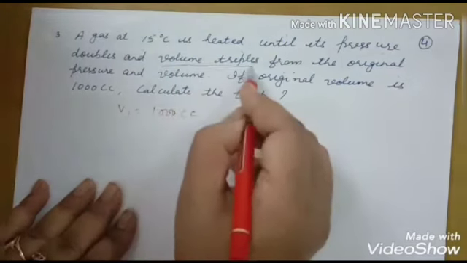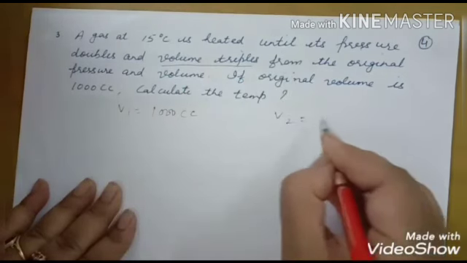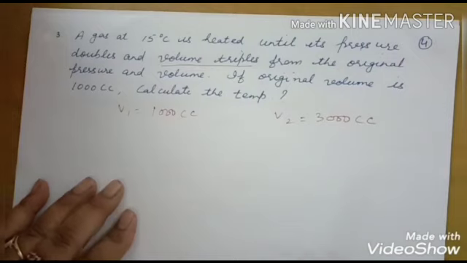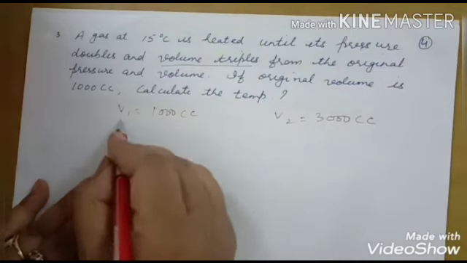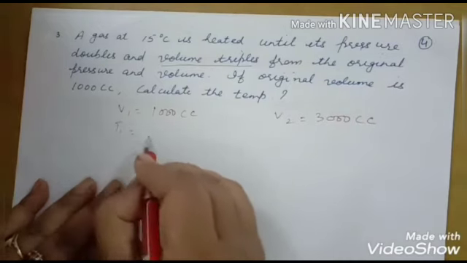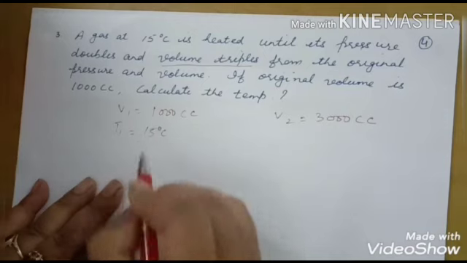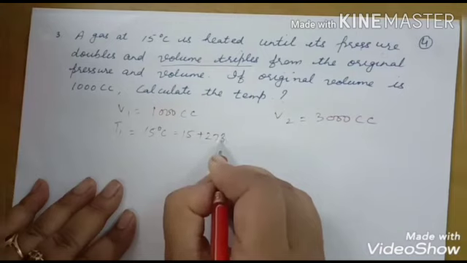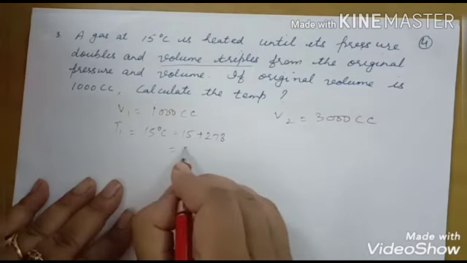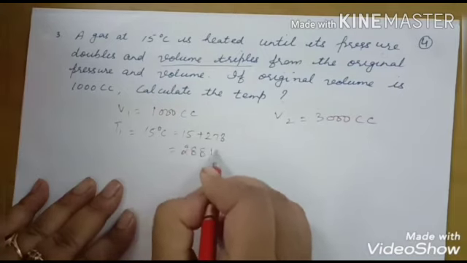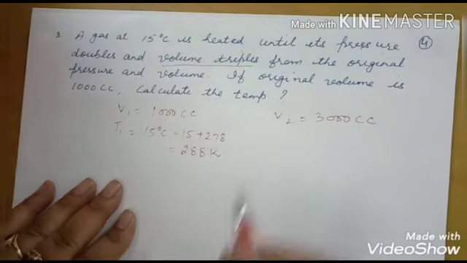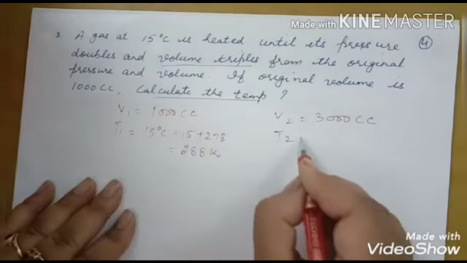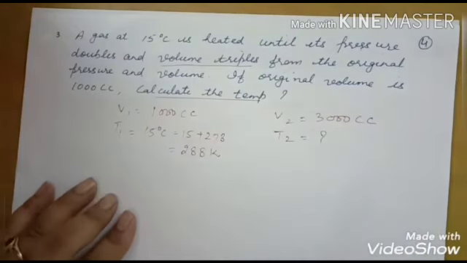Volume triples, so V2 is 3000 cc. Now T1 is 15 degrees Celsius, or you can say 15 plus 273 is equal to 288 Kelvin. Calculate the temperature. So T2 we have to find out.